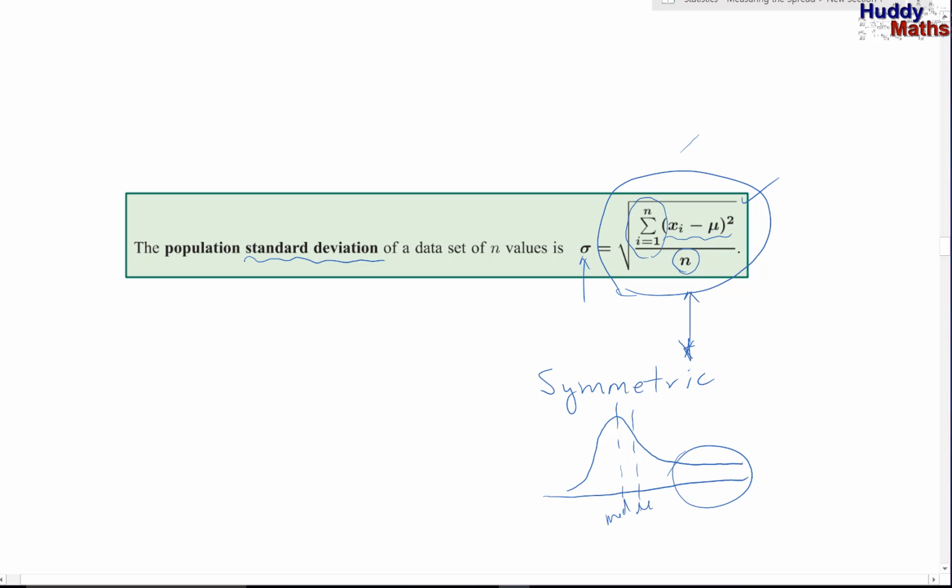And we're going to measure the spread of this distribution away from a mean which has already been distorted by this skewness. So how sensible is that? Isn't it giving too much weight to the skewness because we've moved the centre because of the skewness? Can you see the dilemma there?